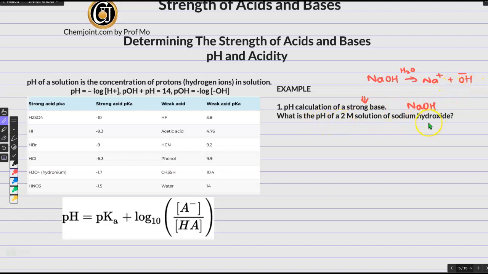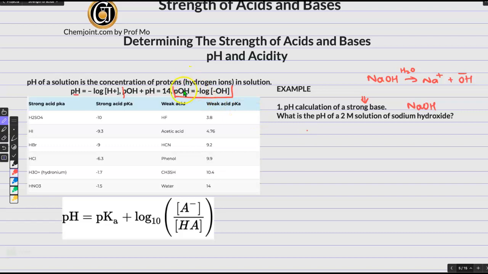So since it's a strong base, we may want to do something here. It's a base, it's not an acid. So instead of using pH equals negative log of H+, we'll use pOH equals negative log of OH-.